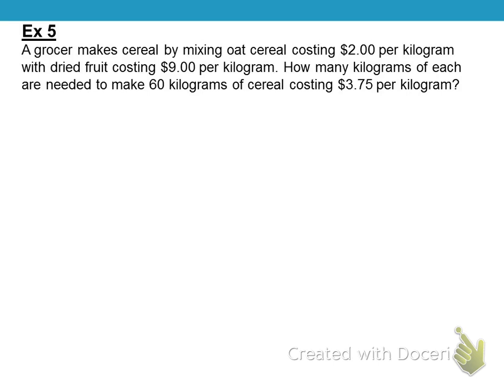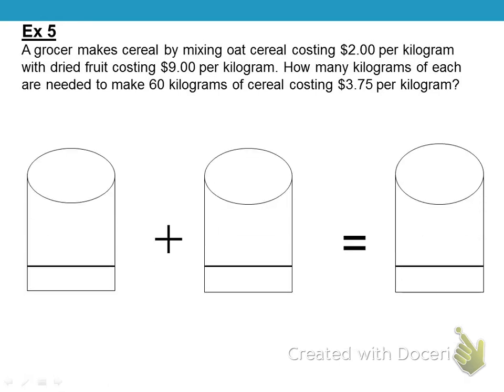All right, so this is where it gets a little tricky. But we're going to start it the same way. Oat cereal is $2.00. So we're going to start with oat cereal, dried fruit, and the mix.